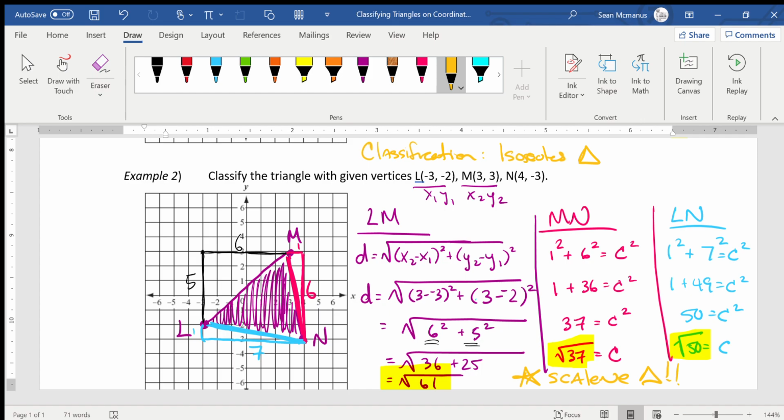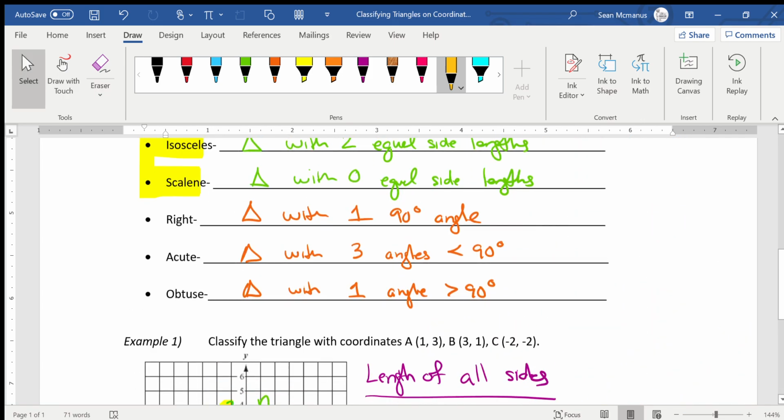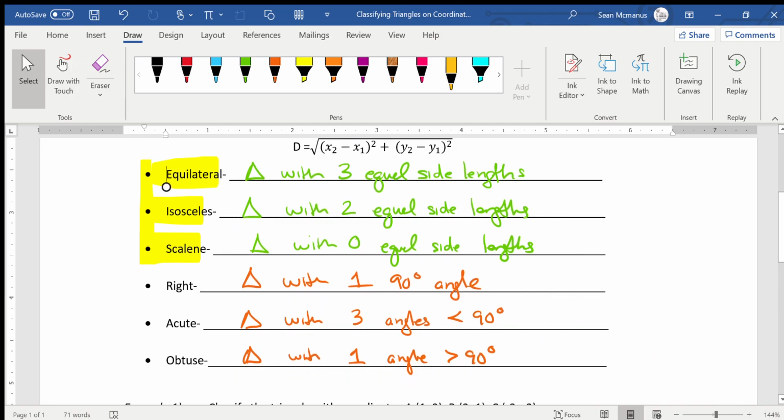Again, we didn't look at the angle measurements at all. One thing we can do without even knowing the angle measurements is examine the slopes and see if there are any right triangles. A right triangle would have one angle that's 90 degrees, right? What that really means is that there will be two sides that are perpendicular.